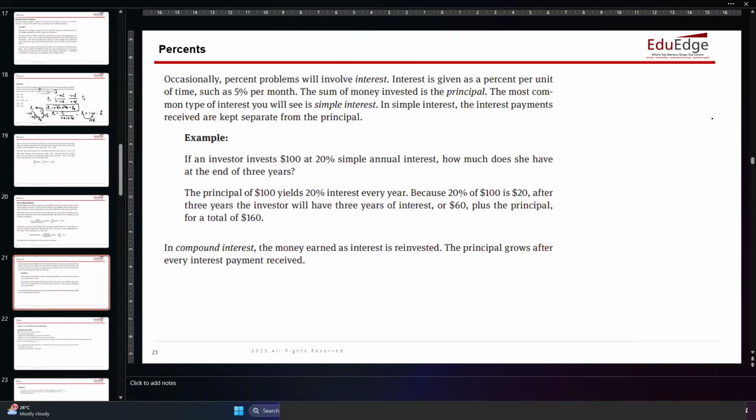They could also ask interest related problems. So this is an example of that. If an investor invests $100 at 20% simple interest, so principal is 100, interest is 20%, how much does she have at the end of 3 years?